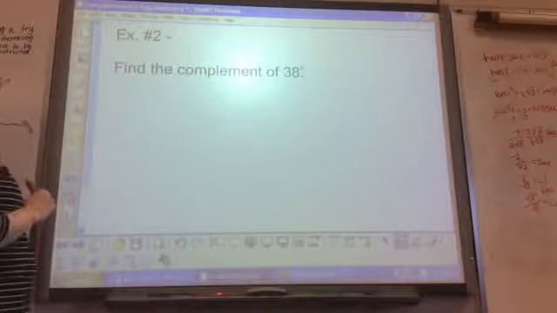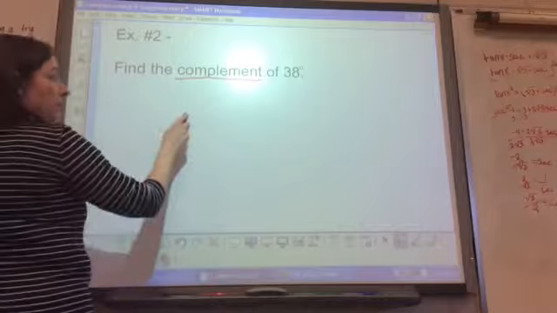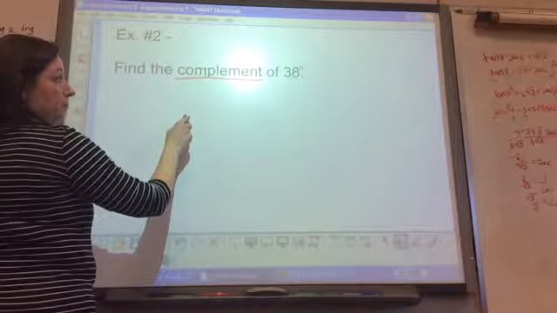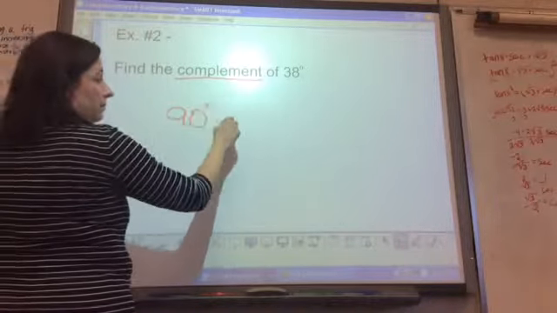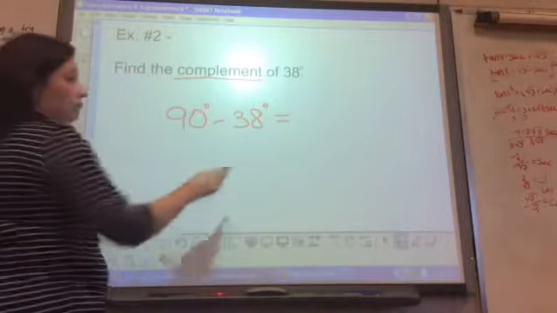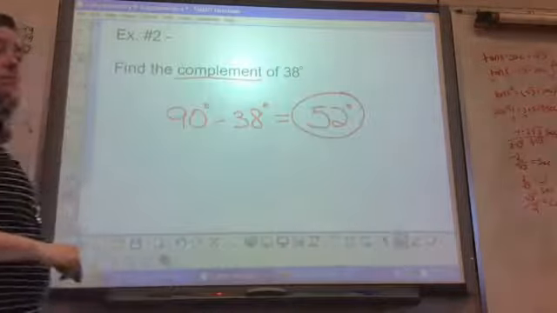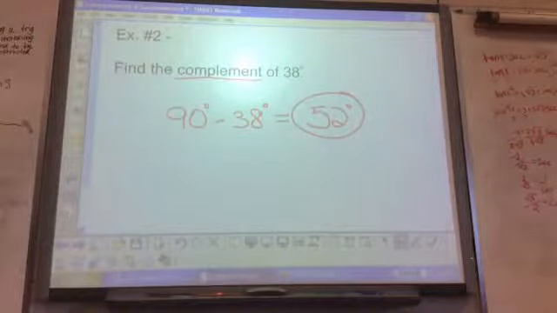All right. So right here, pay attention to the wording. We're still complement, so you're going to do 90 minus 38 equals. All right. Now let's look at the radians, because radians is more new to us.